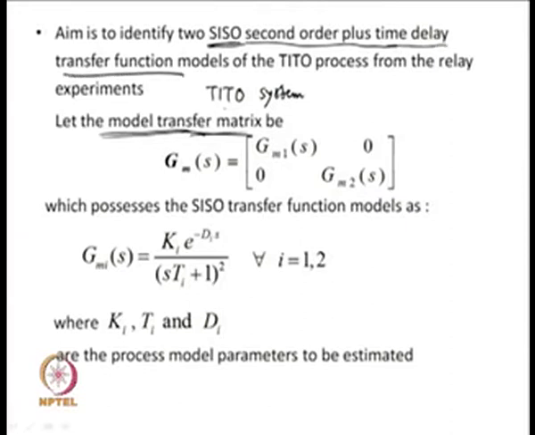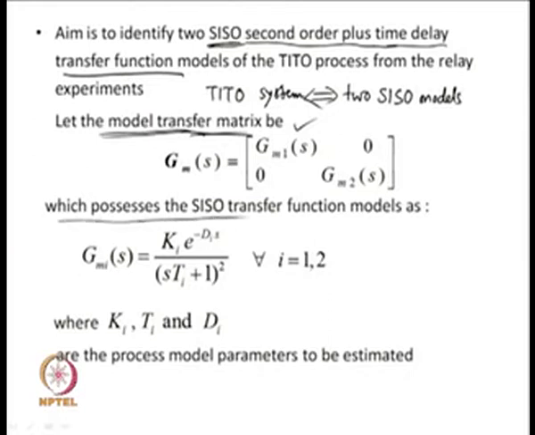Then the model transfer matrix will be G_M(s) equal to G_M1(s) 0 0 G_M2(s). So, we can write the model transfer matrix in diagonal form. Now, what form will G_M1 and G_M2 have?